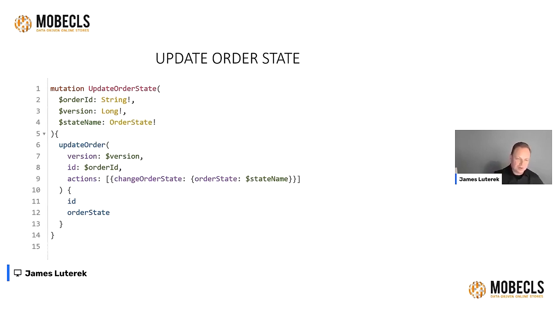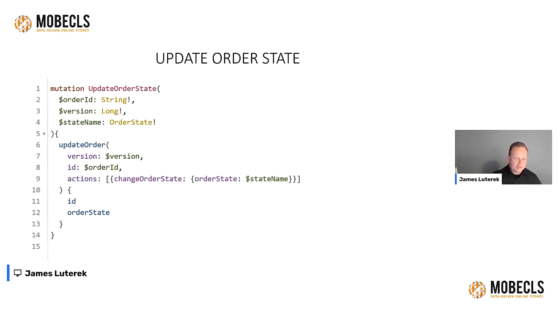So I have an example from Commerce Tools where we're updating the order state. So you can see that we have to pass in a few variables, the order ID, the new state that we want to set that order to. And in Commerce Tools, to make sure that there's no conflicts, we use versioning. So you have to pass in the current version to make sure that some other system, website, management tool hasn't updated it while you were waiting. So you have those three variables getting passed in.